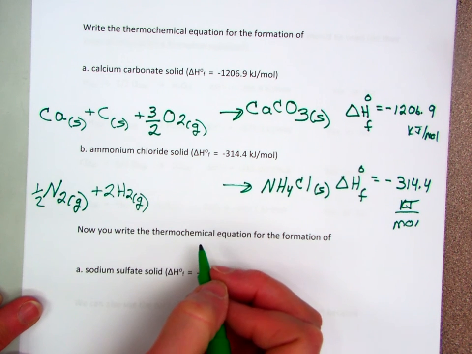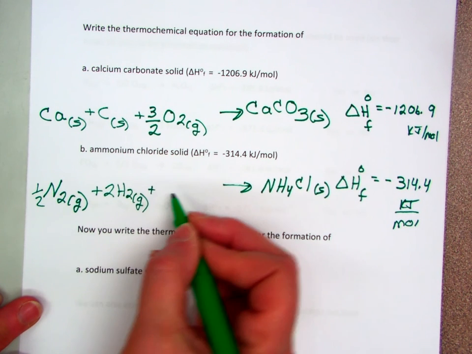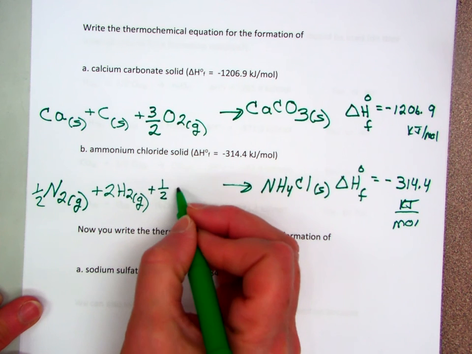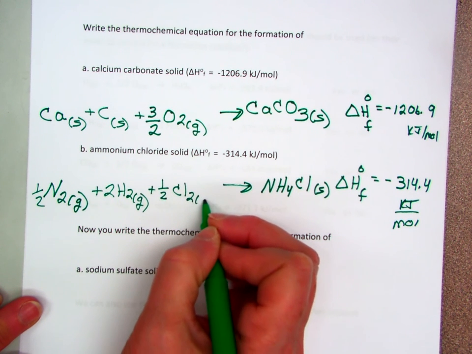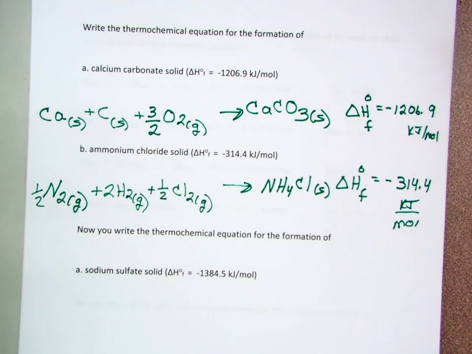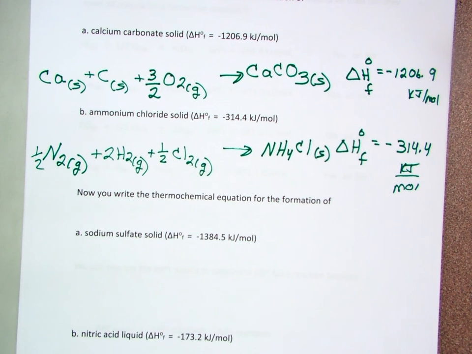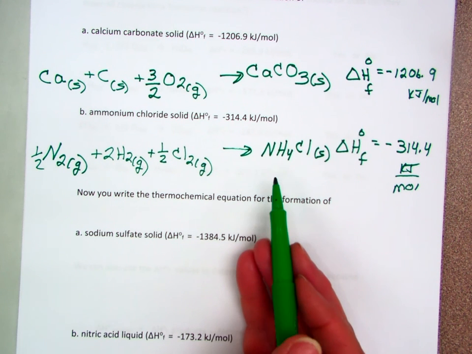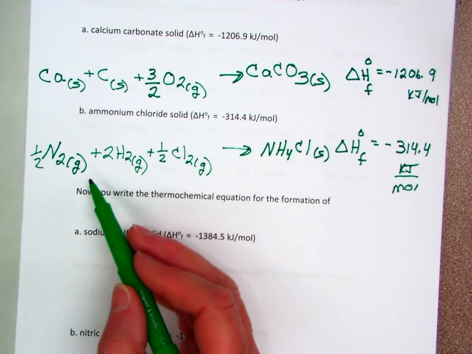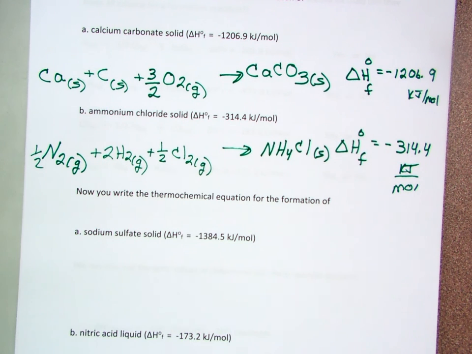And what else do I need? 1/2 mole of diatomic chlorine gas. And now I've made ammonium chloride. That's it. Because I now have a balanced equation making 1 mole of product. I've included my subscripts and I've included delta H0 sub F. So that's it. Just take a minute at your seats now and do these next problems, the next 2.